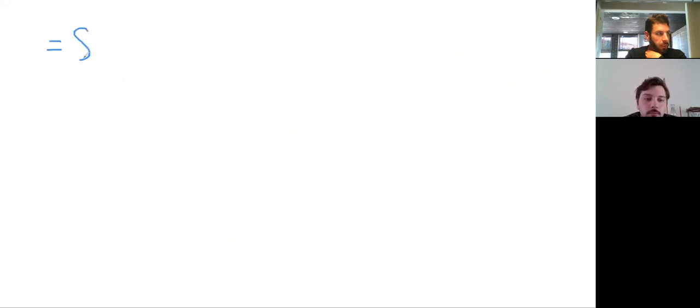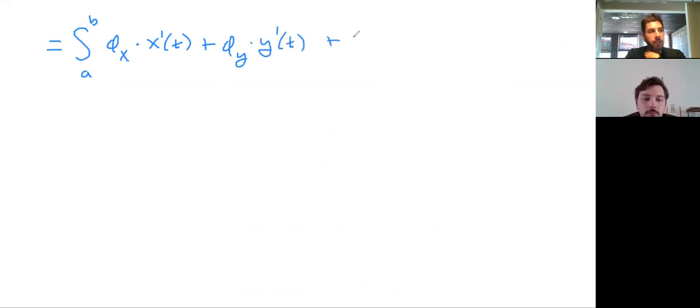So this becomes the integral from a to b of phi sub x times x prime of t, plus phi sub y, these are partial derivatives, don't forget, times y prime of t, and then lastly the partial with respect to z times z prime of t. To most people taking this class for the first time, you might not recognize what we have here.